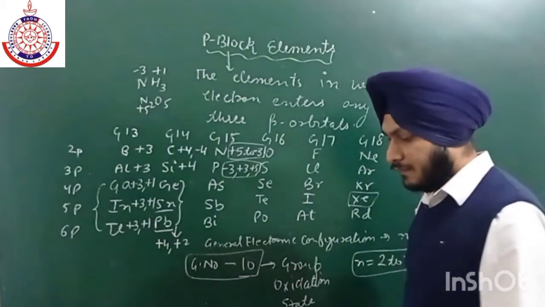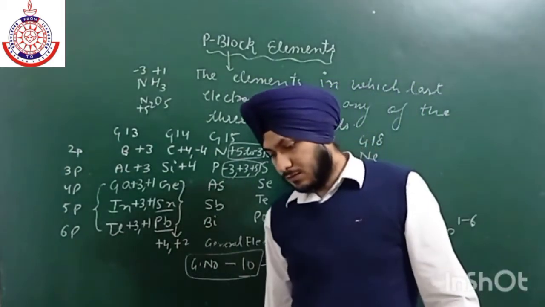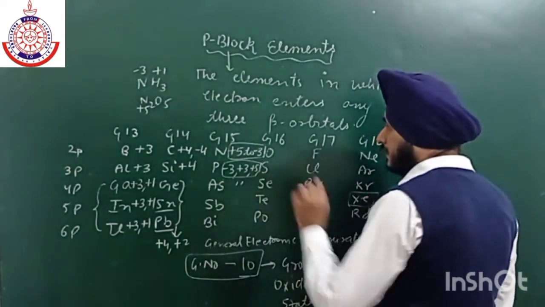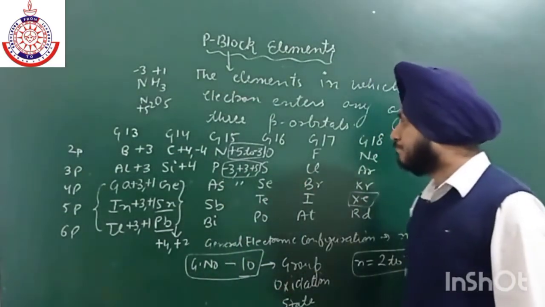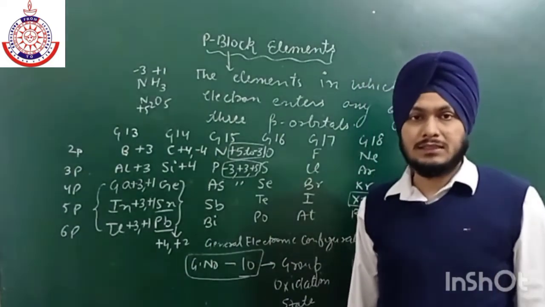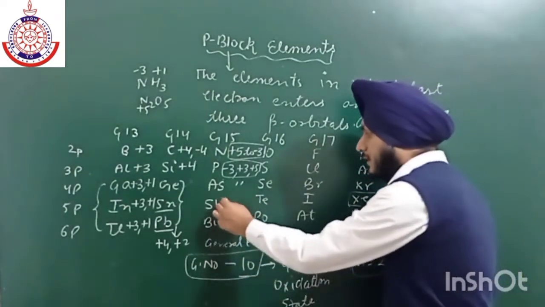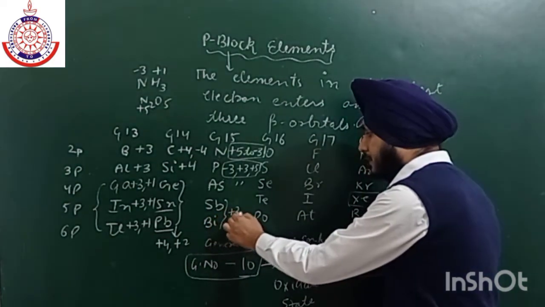Similarly arsenic also has a tendency to show -3, +3 and +5, and the rest of the two elements have a tendency to show +3 as well as +5.